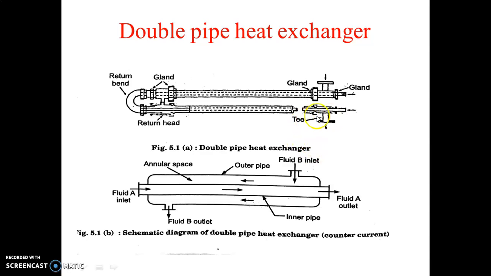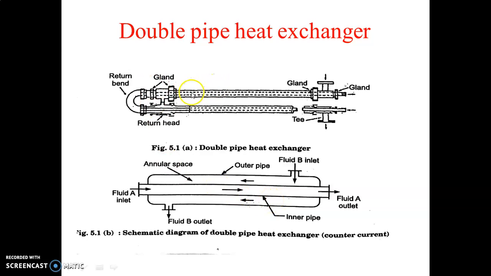Tees are provided with nozzles, which are for entry and exit of the fluids. When the fluid is flowing in between the pipes, it is called the annulus fluid.